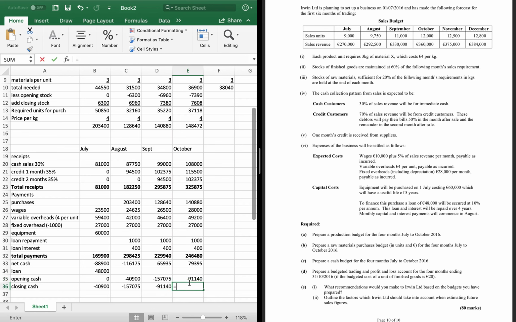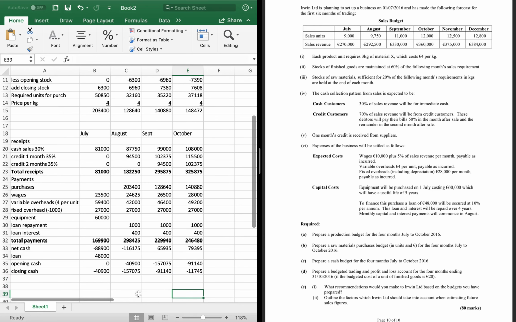And then 79,395 minus the 91,140 is minus 11,745. So you end up with a closing cash balance of minus 11,745. So that's part D done. Obviously, I made one mistake in that as we went along.